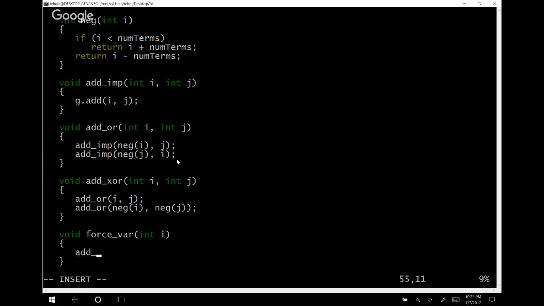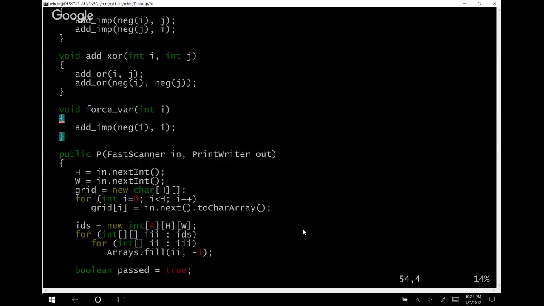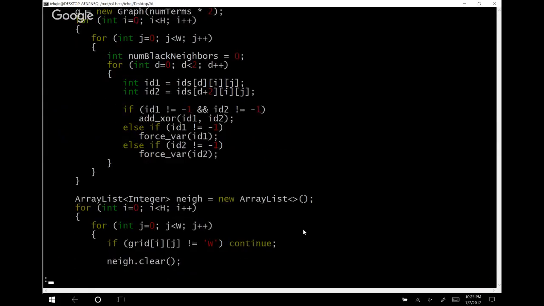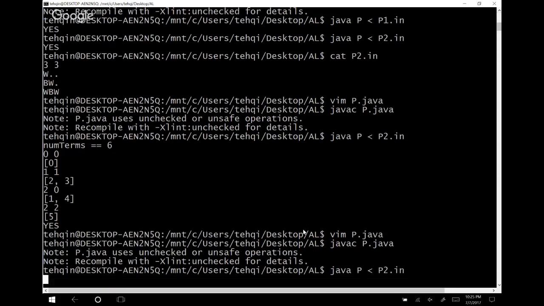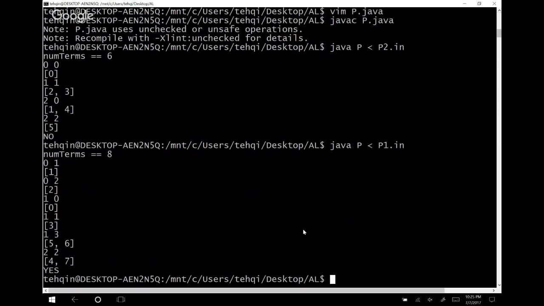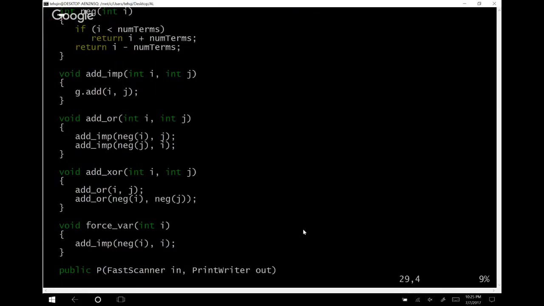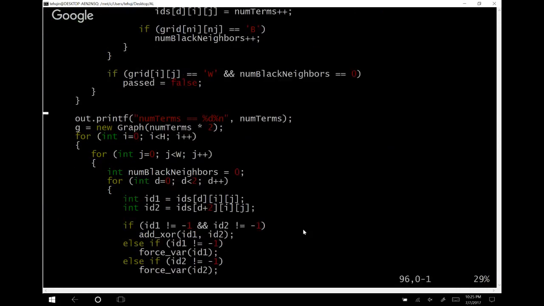So I'll just do add implication, and I'll just add the negation of i going to i, because that's the same as doing or, because it would just be adding this edge twice, and I only need to add it once. So that's how I do my force variable. Oh, yes. And that's all I have to do code-wise.